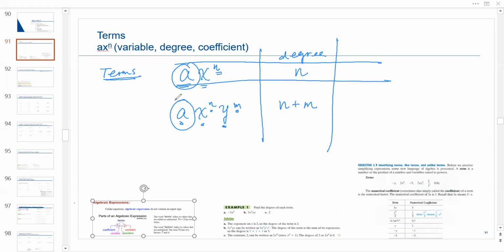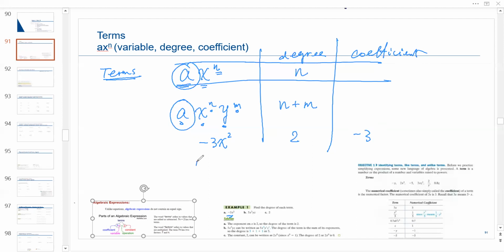Let's see more examples. Say -3x squared. The coefficient is -3, and the degree is 2.